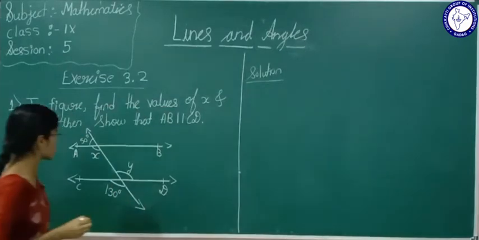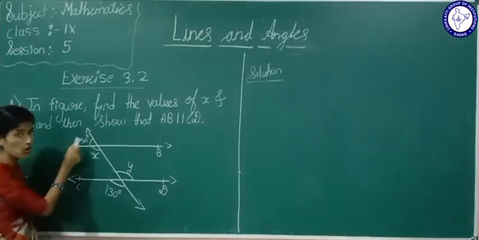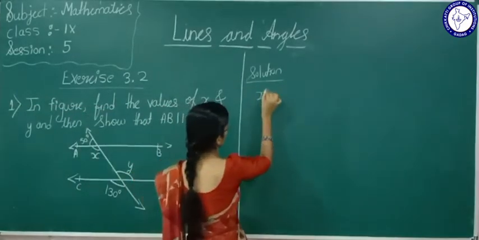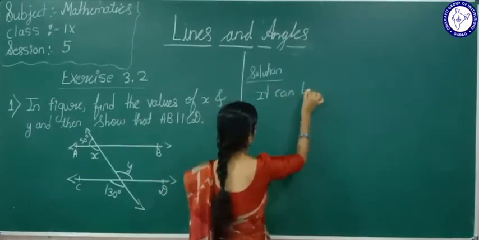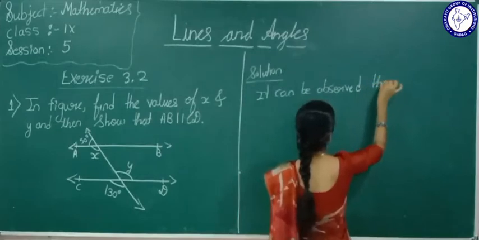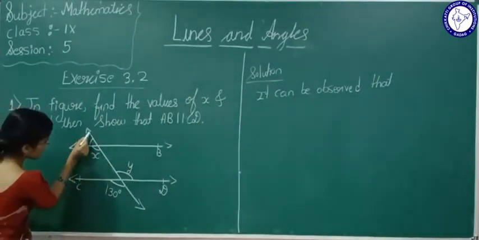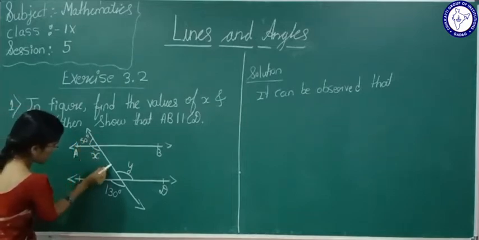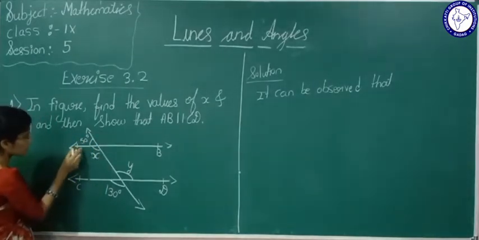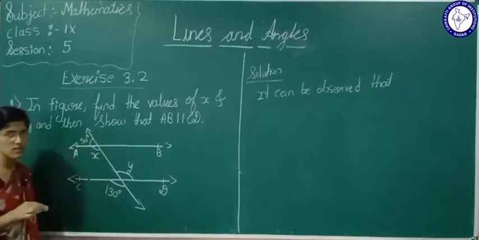If you observe here, I can write x plus 50 degrees is equal to how much, students? Here this is a straight line, and this ray stands on the line.